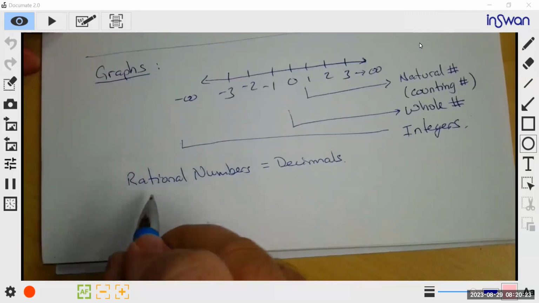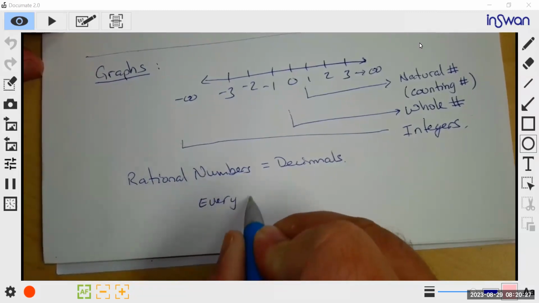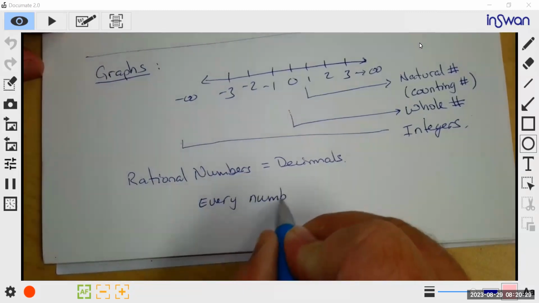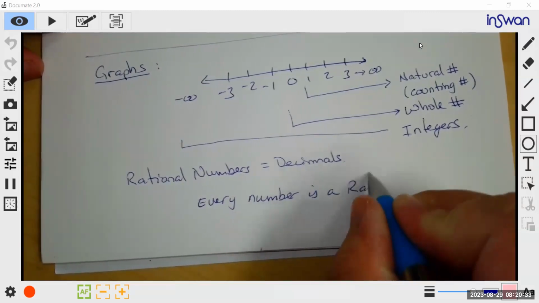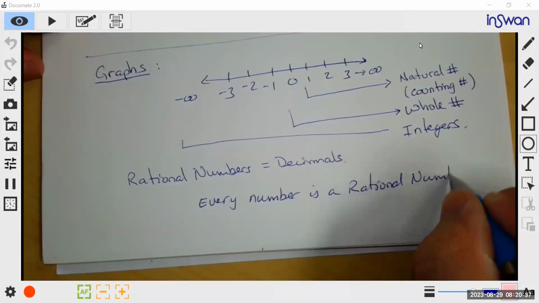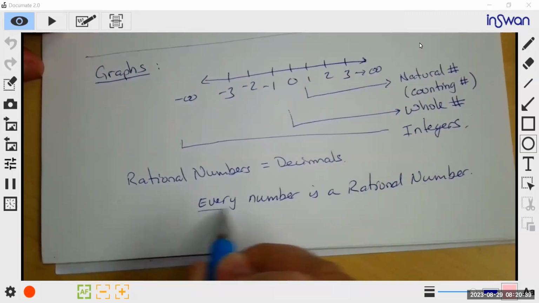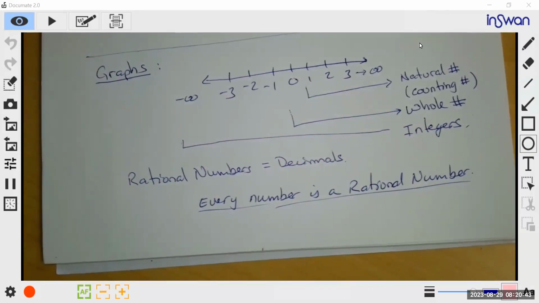Here's a statement. Every number is a rational number. That's a true statement.